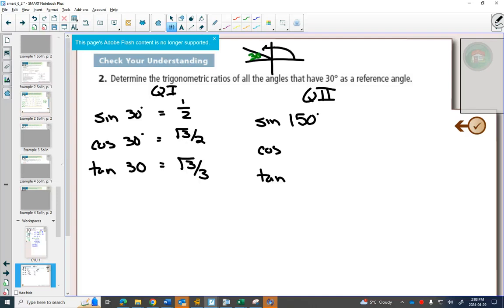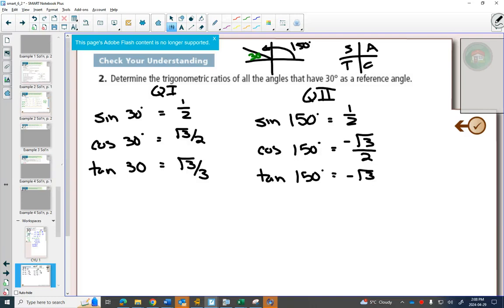Does it make sense that this has to be 150? And so I can now do sine, cos, and tan without a calculator of 150. Sine will be 1/2. According to my CAST rule, sine should be the only one that's positive. Cos will be negative root 3 over 2. And tangent will be negative root 3 over 3.